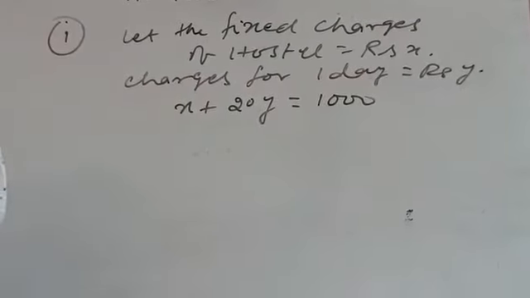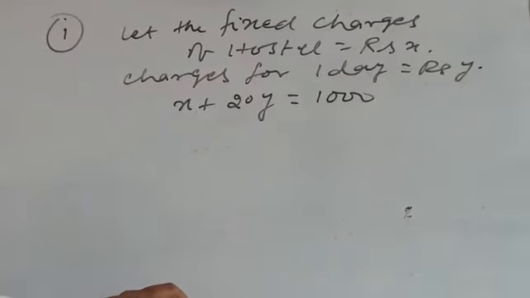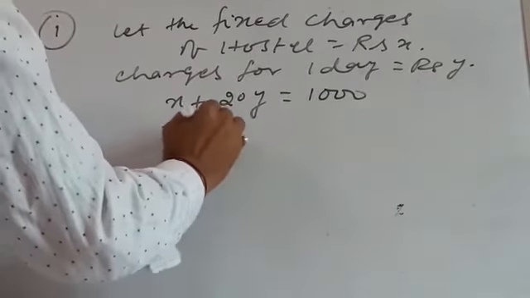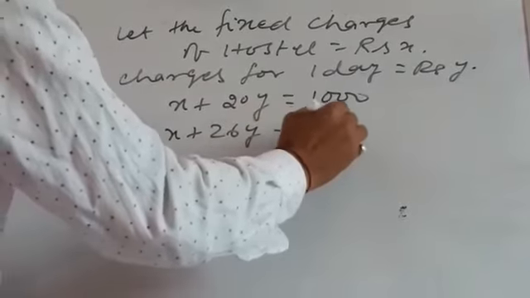And for 26 days he is paying rupees 1180, so X plus 26Y is equal to 1180.